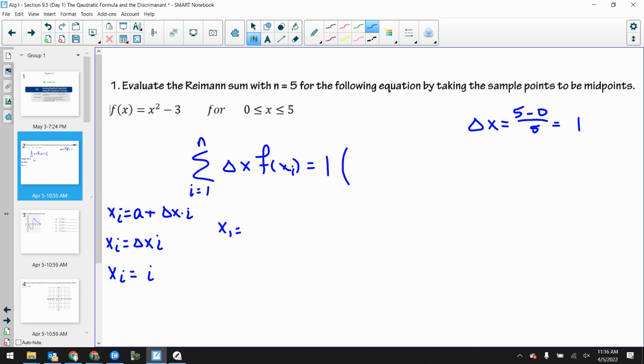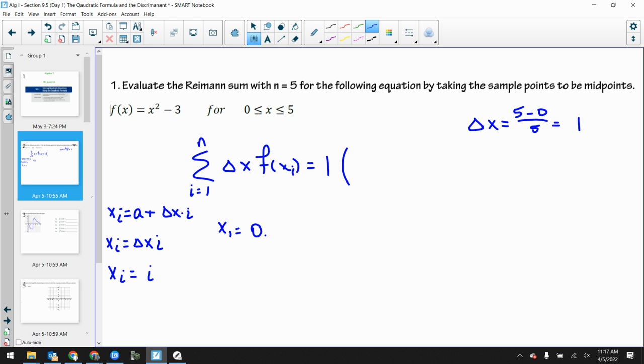Now, be careful here. I want to use midpoints. What do I have to do with that x value then? I have to cut it in half. That would be if it was just left or right endpoints. I would normally say, okay, if x_i is just i, then it would be 1. But if I want to use a midpoint, it needs to be 0.5.